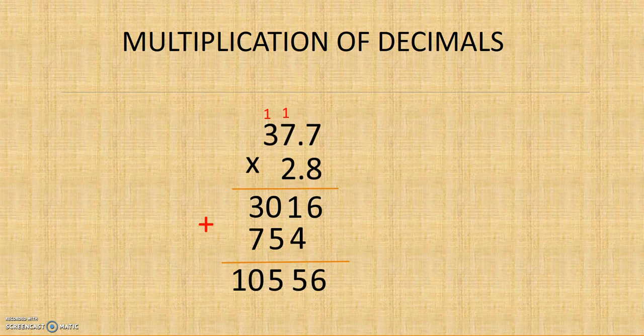So we have 2 decimal places in total. So let's move the decimal point to the left 2 places. So our answer is 105.56 or 105 and 56 hundredths.